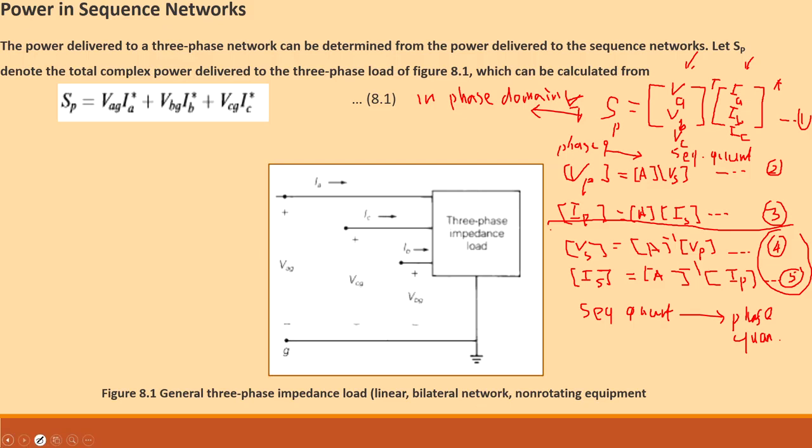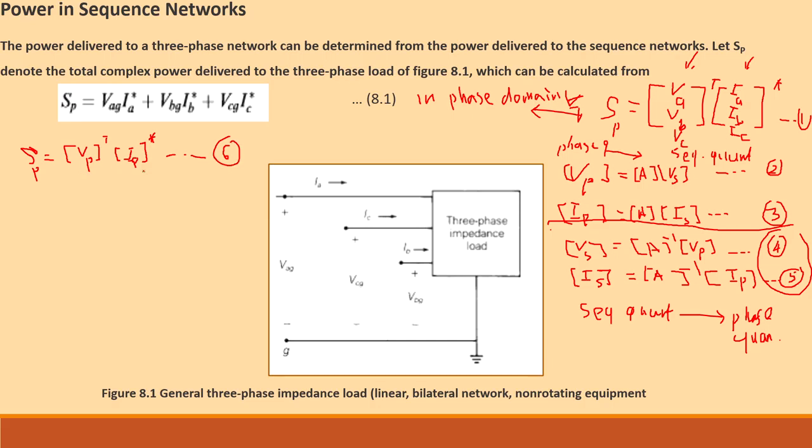Now the equation number 1 can be written as follows: SP, the apparent power, is equal to V phases transpose multiplied by I phases conjugate. Number 6.